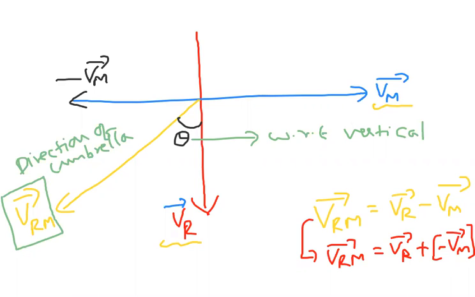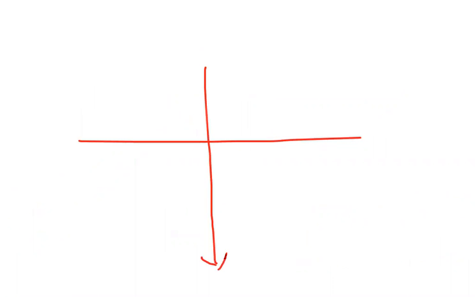Let us see what information we got here. What I wrote is VR bar in this direction, rain velocity, and man velocity in this direction. And I have taken minus Vm bar in the opposite direction. What is the purpose of taking minus Vm bar?